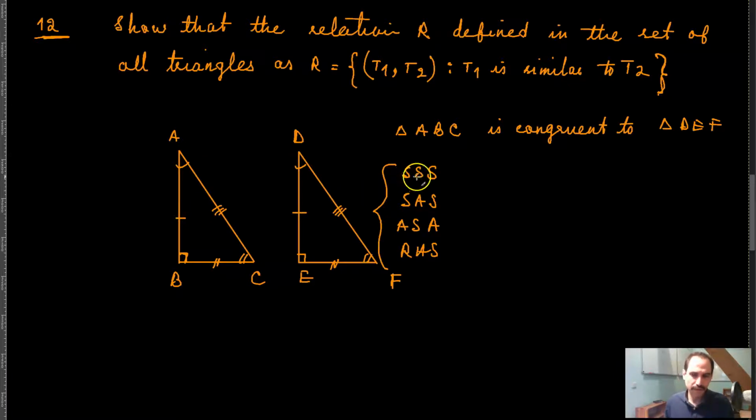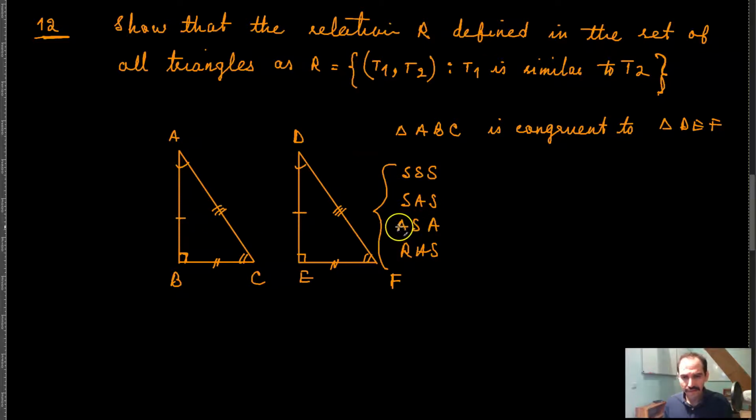So you can compare the three sides of the triangles, and SAS means side angle side, meaning that if this side is equal to this side, and the two angles are equal, then the two triangles are congruent.